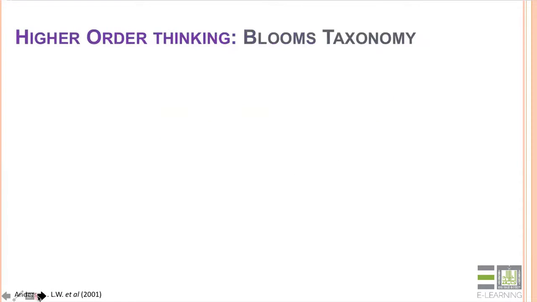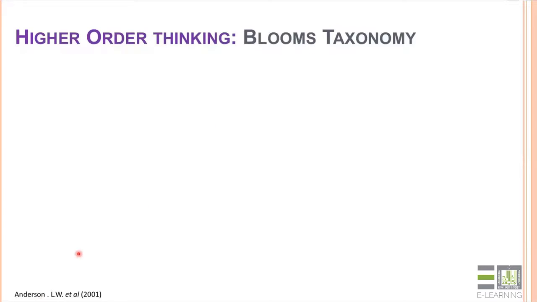Now, the various stages of cognitive process can be best described by using Bloom's taxonomy. There are various learning taxonomies, but I, and we within my institution, use Bloom's taxonomy just because we like the approach and the way it's structured.